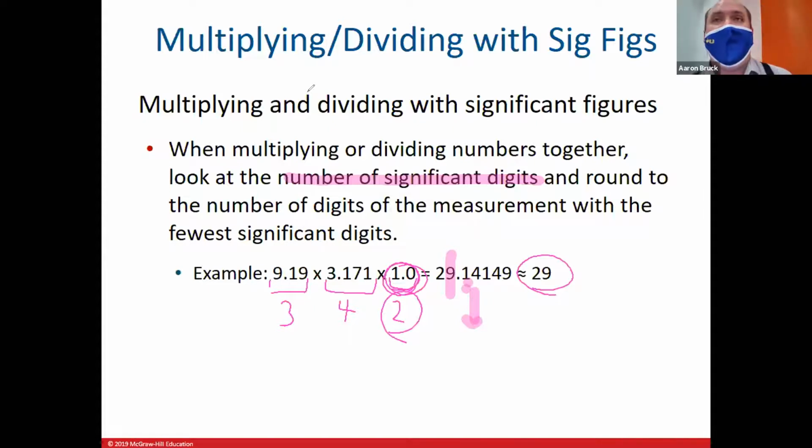And as I said, in lab, we're going to apply this one much more broadly, because when we take measurements of different kinds on different machines, different pieces of glassware, they all have different levels and varieties of precision. And the chances of having a measurement of mass with 4 significant figures and a measurement of volume with 2 or 3 significant figures is far more common than having everybody have exactly the same number of sig figs.